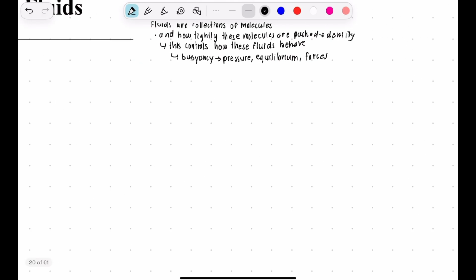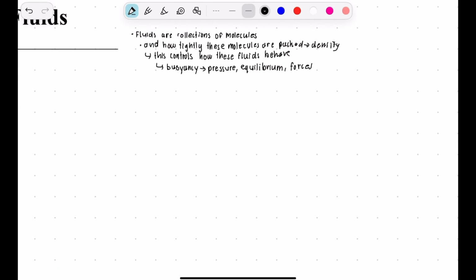So, let's start off with the formal definition of a fluid. A fluid is anything that flows, which is made up of liquids and gases.